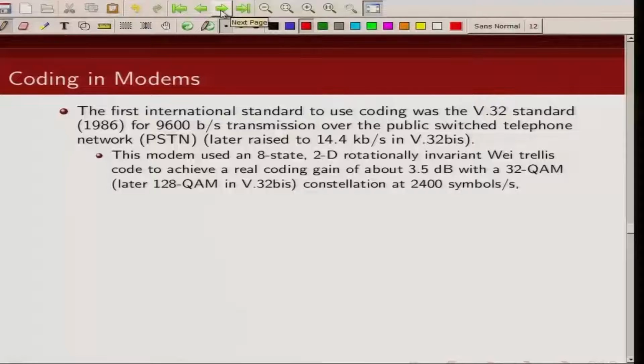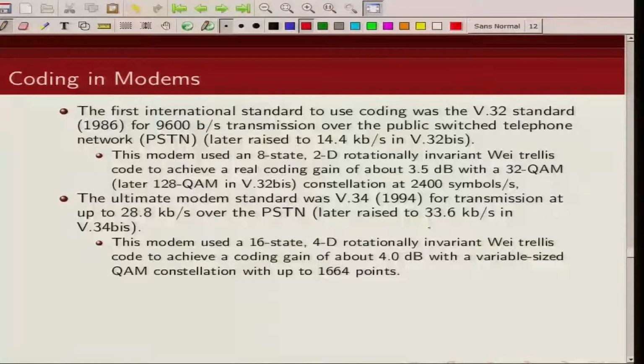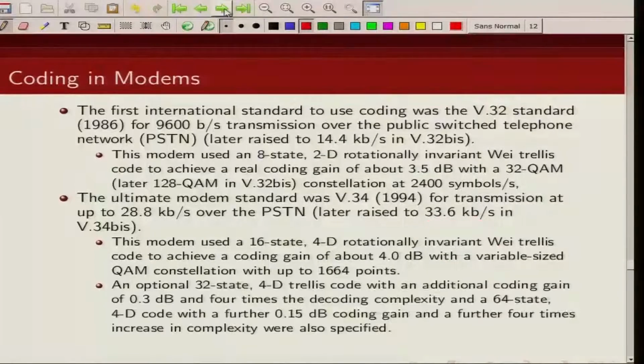Some of the applications I have listed here. Initially we had 9.6 kbps transmission that uses an 8-state code. Then finally, for 33 kbps transmission, they use a 16-state 4-dimensional trellis coded modulation scheme, and there was an optional 32-state 4-dimensional trellis code which was also specified in this standard.